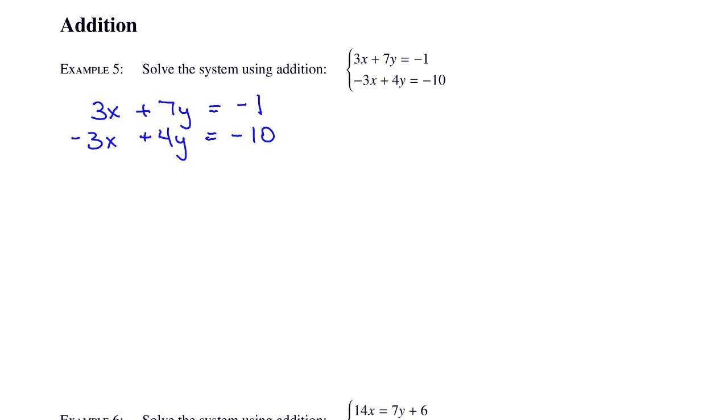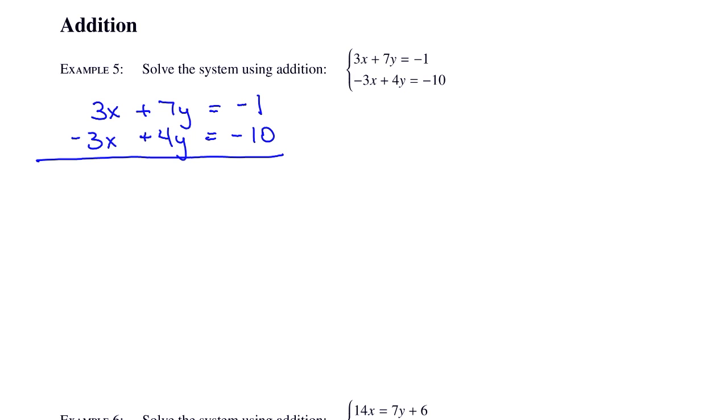So here's the x's, here are the y's, here are the numbers. You may have to rearrange some of the elements of the equation in order to get things to work out. But do you see how you have positive 3x on the first equation and negative 3x on the second equation? You can simply take these equations and add them straight down.